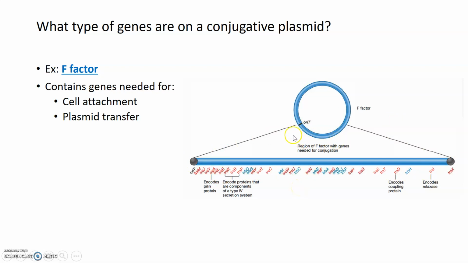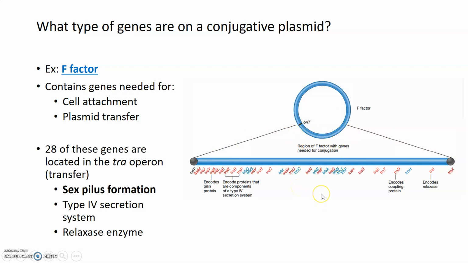You can see a picture of F factor plasmid here, and then a zoomed in view of a specific part of the F plasmid, which is known as the TRA operon, or the transfer operon. It contains a lot of genes. You can see that they have this TRA nomenclature in red, and that's because they're involved in the transfer of DNA, right? Some of these genes encode proteins that are involved in forming this pilus, or this contact point between donor and recipient cell.